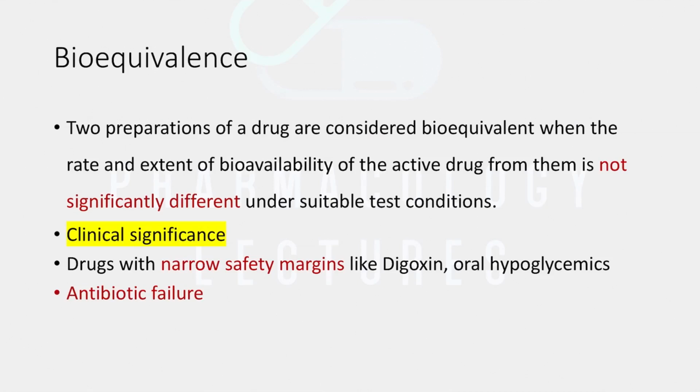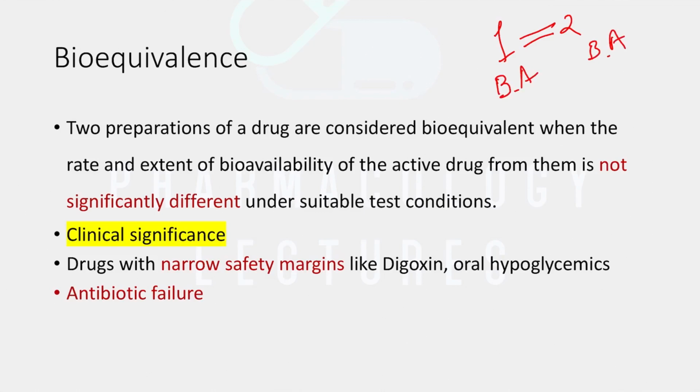One more terminology in bioavailability is bioequivalence. Now, as the name suggests, bioequivalence: two biological products, product 1 and product 2, whether they are biologically equivalent or not, or their bioavailability is equivalent or not.